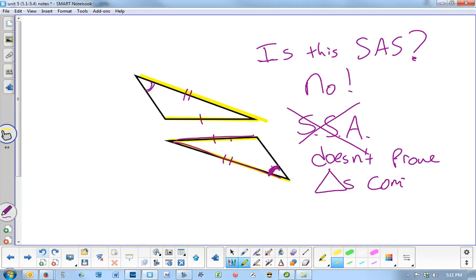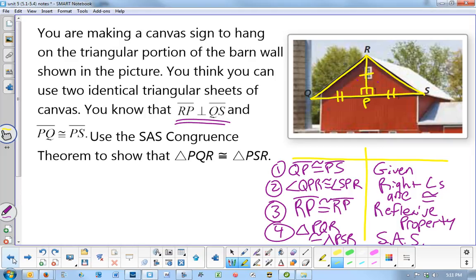So you can't use side-side-angle, or don't call it angle-side-side. That's bad news. You can't use it if the angle is not between the two sides, so watch out for that. Side, angle, side is like this guy, where the angle is between the two sides. So let's put that into practice. Good luck, guys.